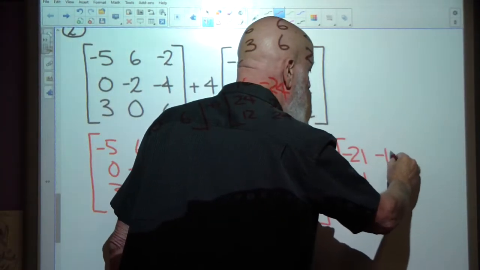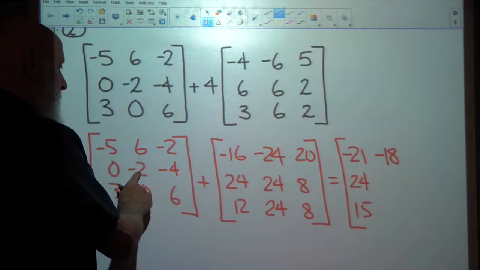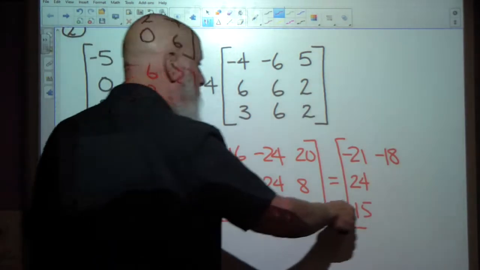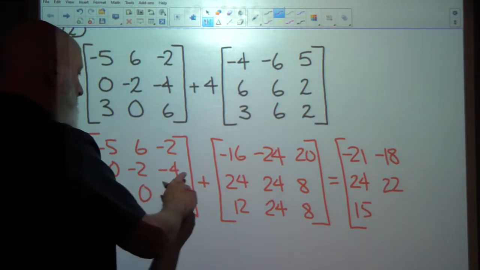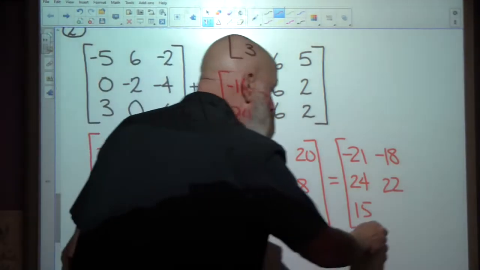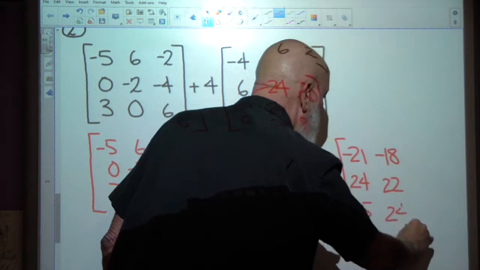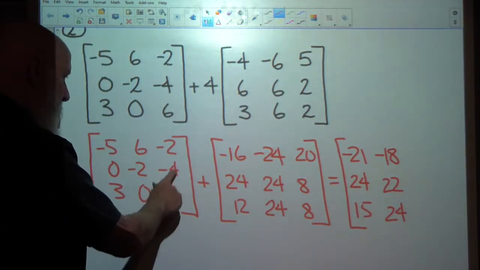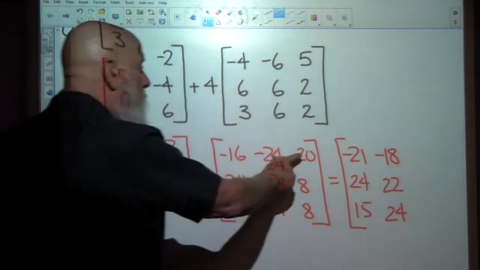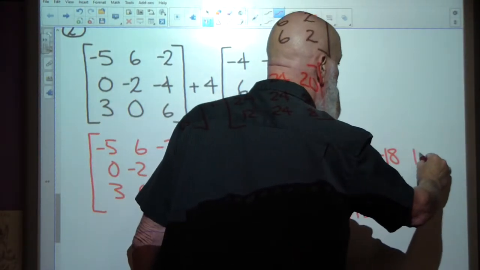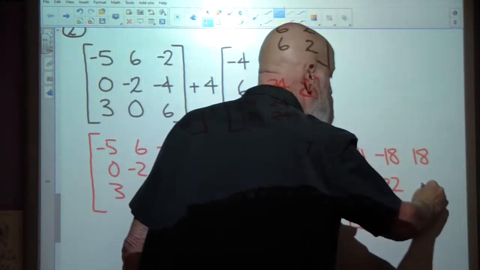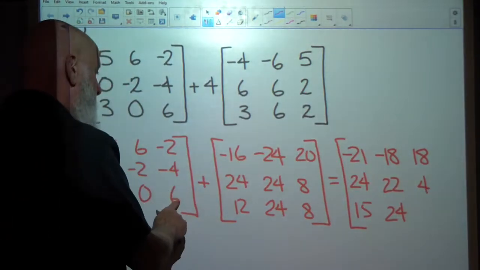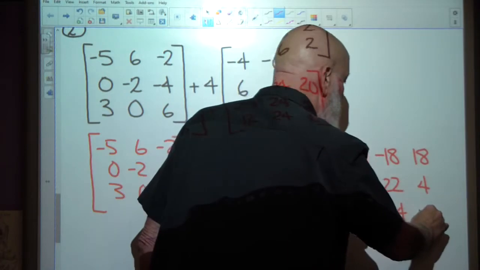Do my arithmetic correctly. -2 plus 24 is 22. 0 plus 24 is 24. And -2 plus 20 is 18. -4 plus 8 is 4. And 6 plus 8 is 14.